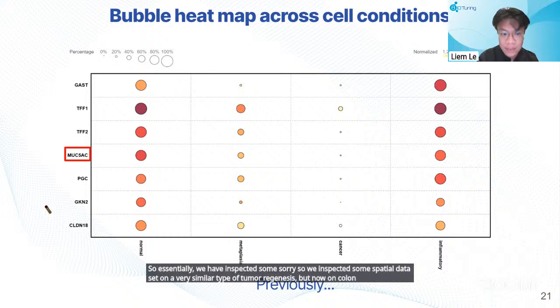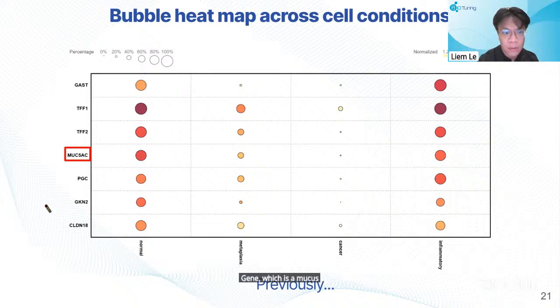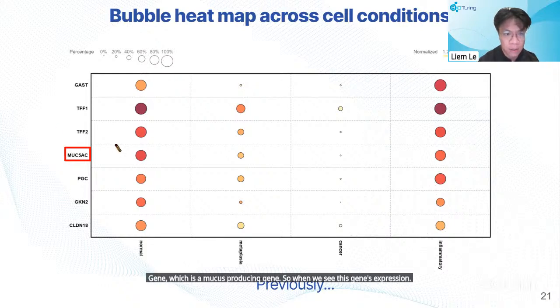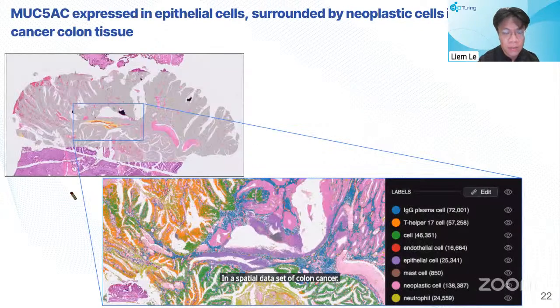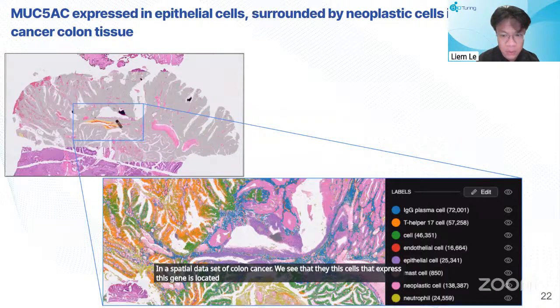So previously, of the genes that I say belonging to the secretory cells, we have the MUC5AC gene, which is a mucus producing gene. So when we see this gene's expression in a spatial data set of colon cancer, we see that the cells that express this gene are located in and correspond to the epithelial cell, which is represented by the purple color.